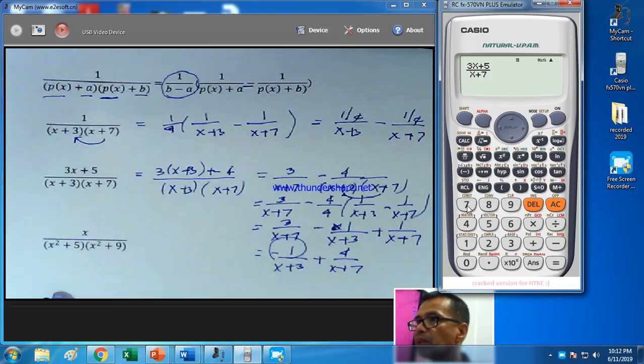What value will make x plus 3 zero? That is negative 3, so the result is negative 1. To get that 4, cover x plus 7, this will become x plus 3, and then get a value that will make x plus 7 zero, and that is negative 7. That gives you 4.